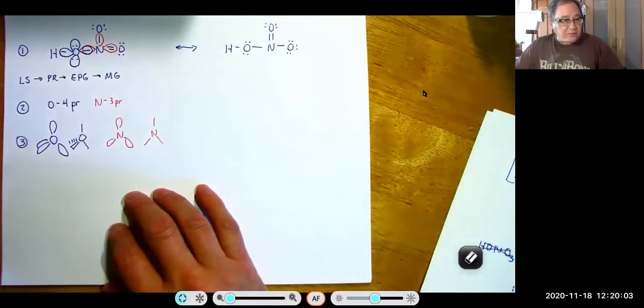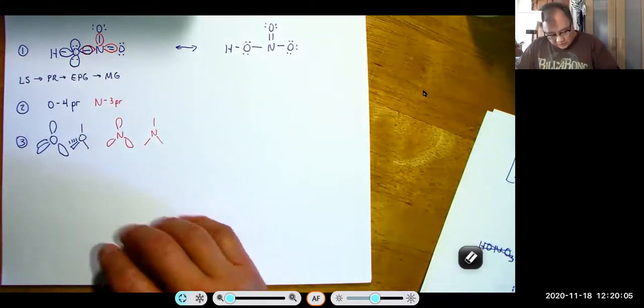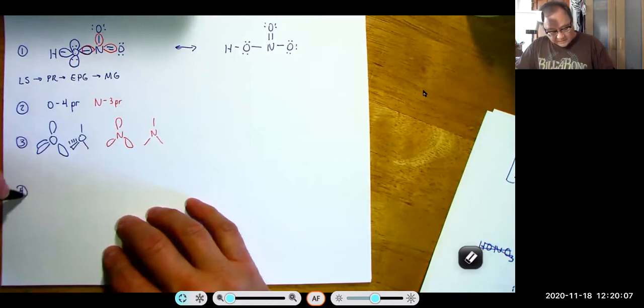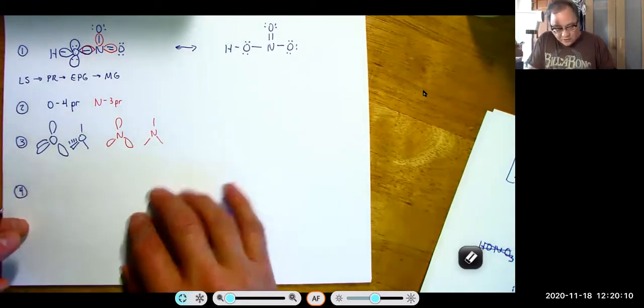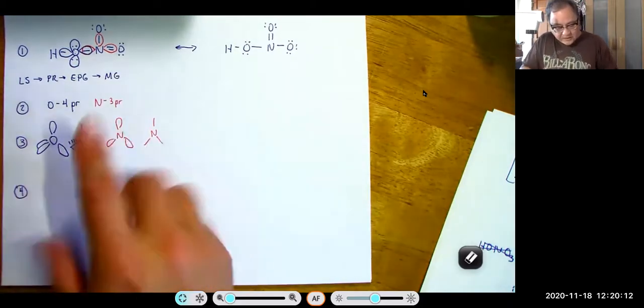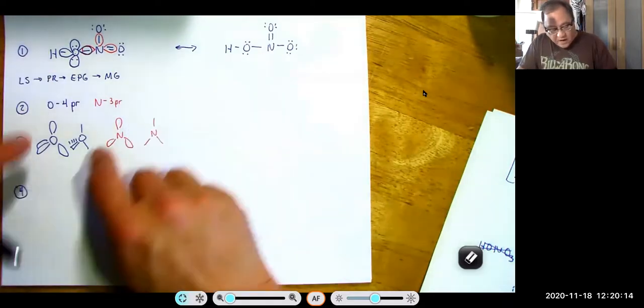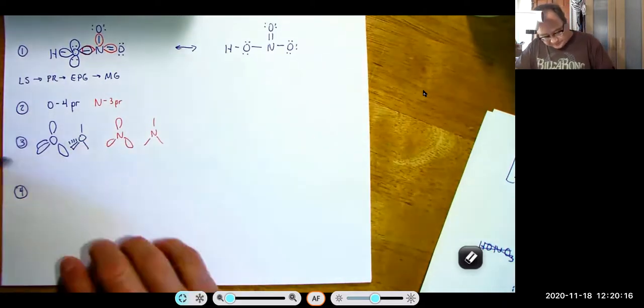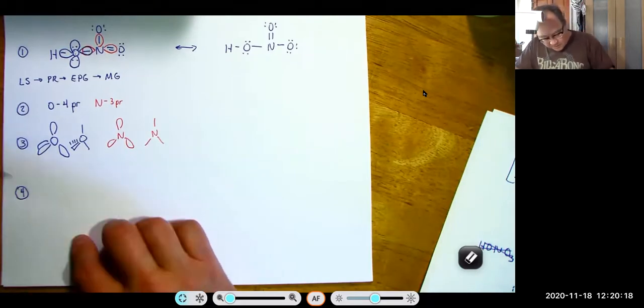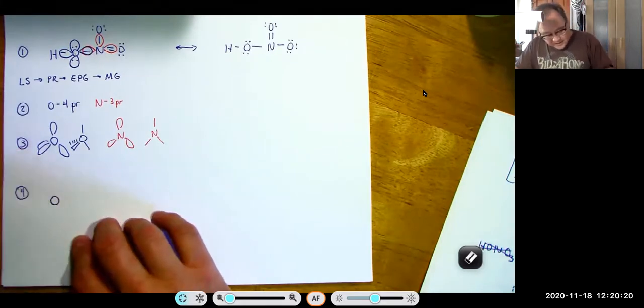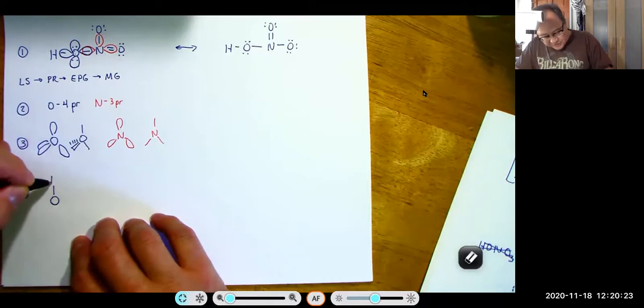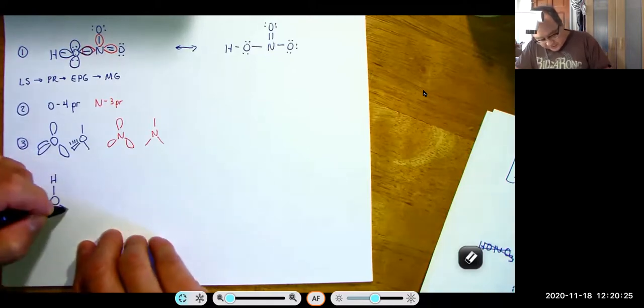We call that trigonal planar. So number 4, I'm going to go ahead and get the molecular geometry, and I'm going to incorporate all of these ideas into the molecular geometry. So I know my oxygen looks like this, and I'm going to draw my oxygen here, and I'm going to draw this going up to the hydrogen, and this going to the nitrogen.